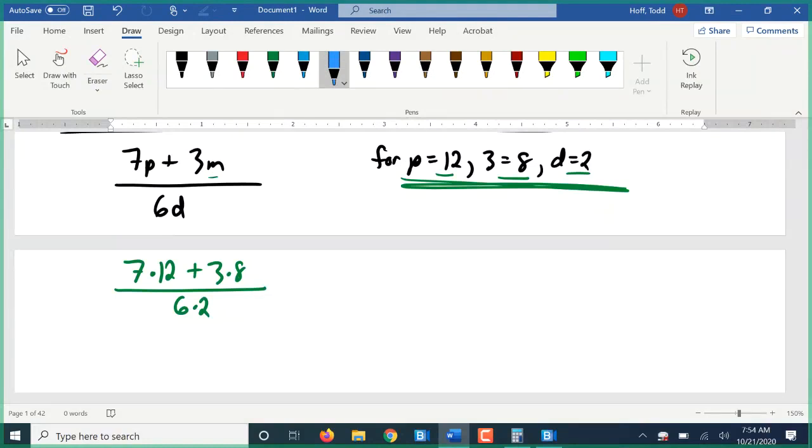Now again, it's order of operations. We have to do everything on top first. I'm going to write that off to the side here so I can do that. I start out with the 7 times 12, which is 84. 3 times 8, which is 24.